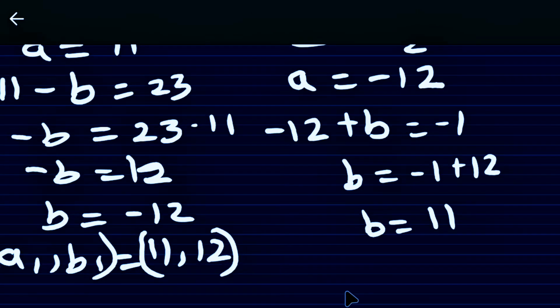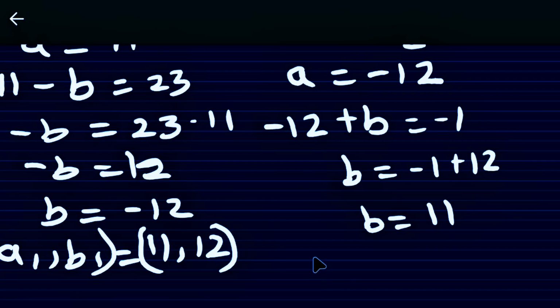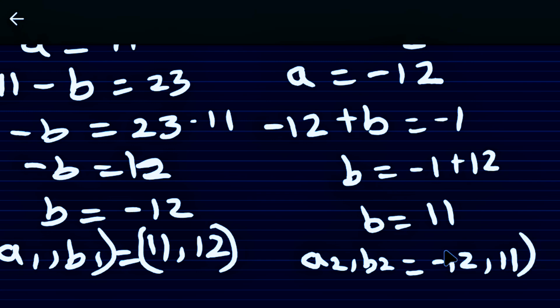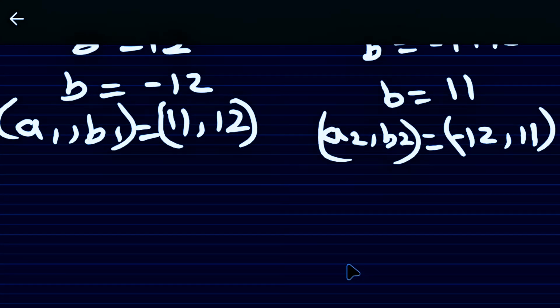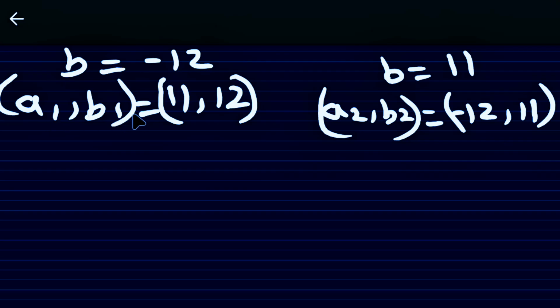So it simply means that a2 comma b2 will be equal to minus 12, 11. Now this is a2, b2. From here we have a1, b1, and a2, b2, so we have gotten all the values of a and b that we need.